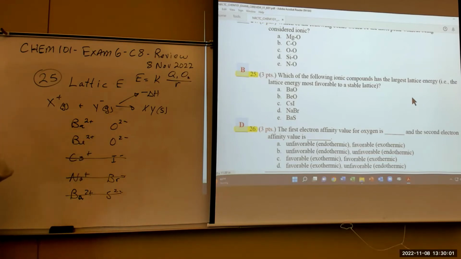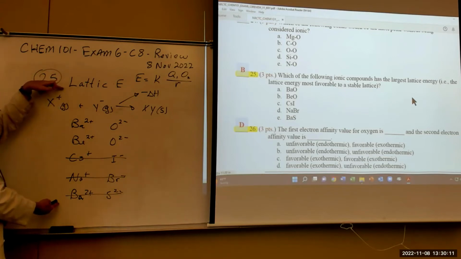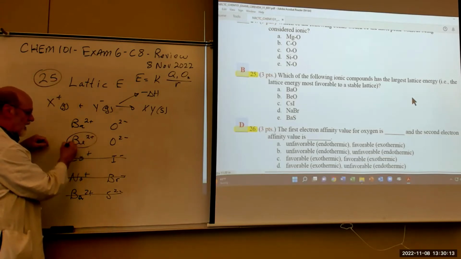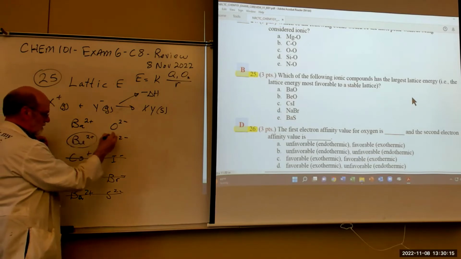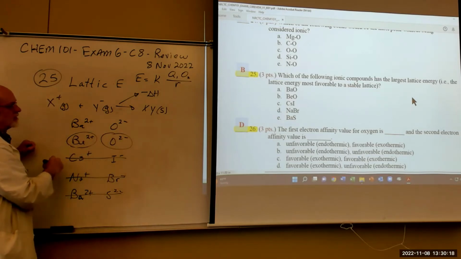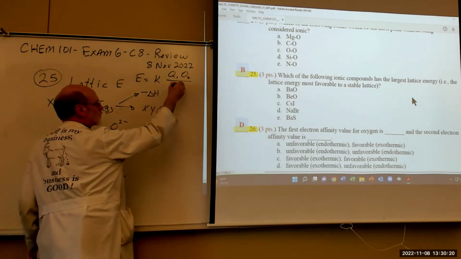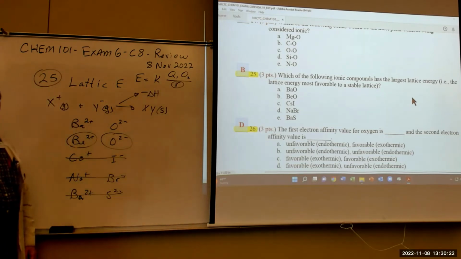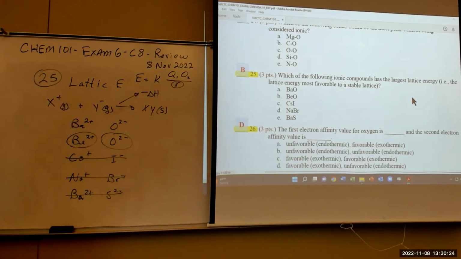Which one's the smaller one? Look where they are on the periodic table. Beryllium is way up here. Barium is way down here. Beryllium is the smaller ion, so it's going to have the closer approach, the higher energy. That's why B is the answer to this problem.